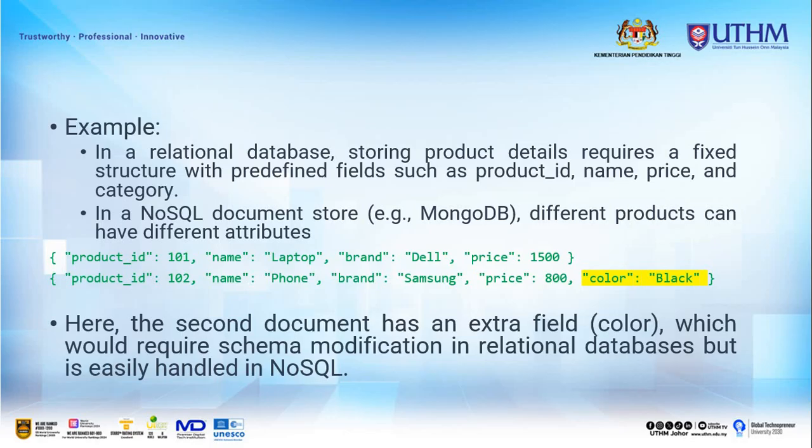The second line has product ID, name, brand, and also the price together with color. So here the second document has an extra field called color. I highlighted it in yellow there, which would require schema modification in a relational database.